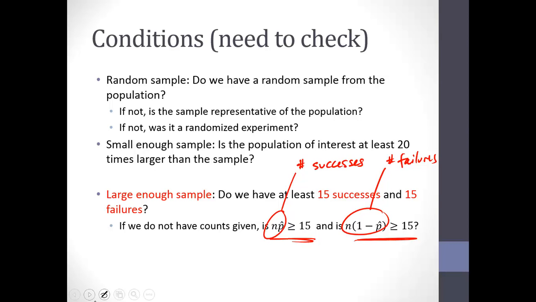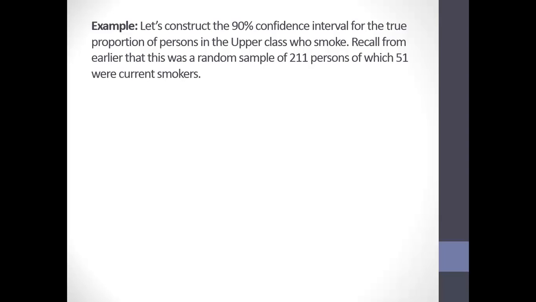All right. So to actually try to implement this, let's look at the following example. Remember at the beginning of the notes last time, here we are on page 4, forging ahead to new stuff. We were talking about this example of smoking habits and socioeconomic status.